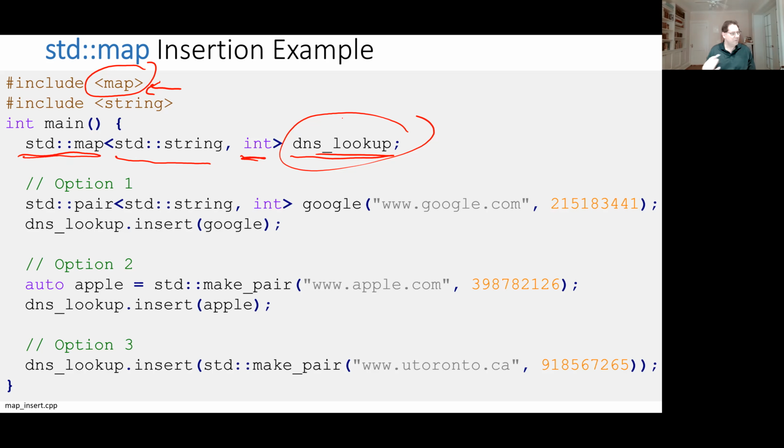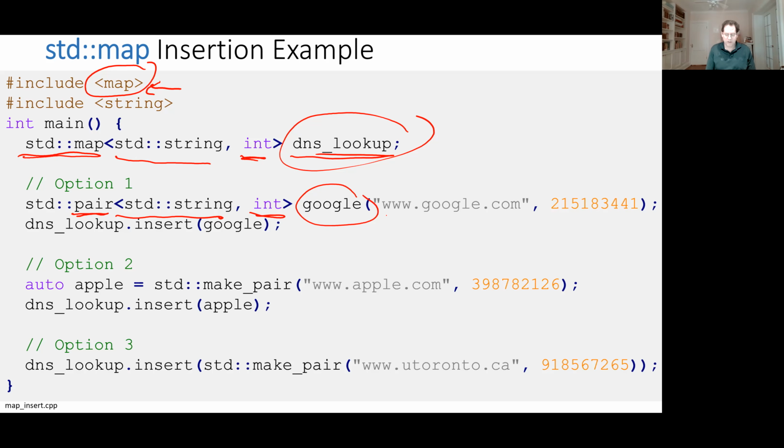I'm now going to start putting some data in the binary search tree. Let's look at how we do that. There are a few different ways I could write this, so I'm just going to show you 3 ways I could write it. First one's the most explicit. I'm going to put something in a binary search tree. What I put in a binary search tree is actually a pair. So it's the key, which is a string, and the value, which in this case is an integer. So I need to make a pair of data. My object I'm naming Google.